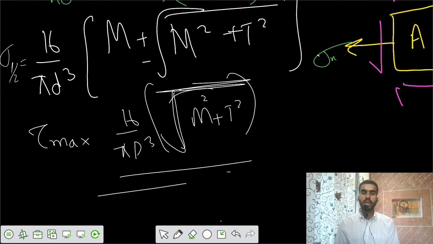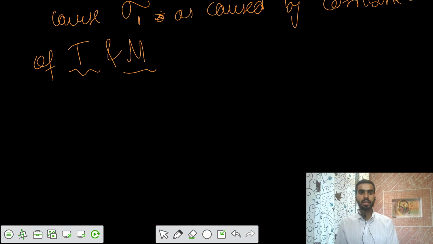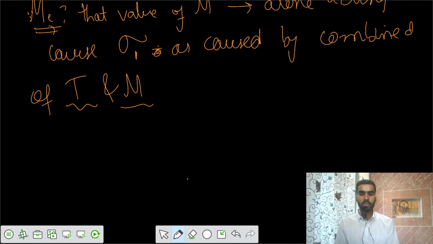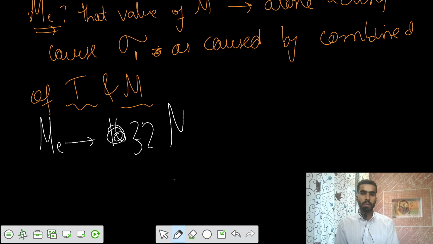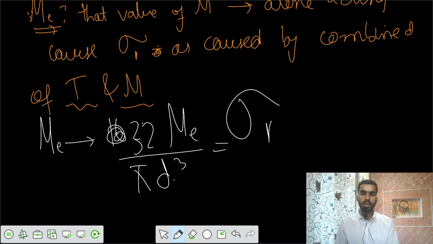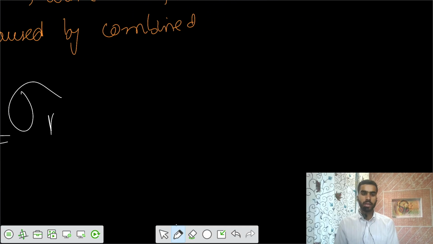If I apply only that value of bending moment alone, it would cause the same amount of principal stress sigma 1. So that's your equivalent bending moment. If there's some value ME, it would cause a bending stress of 32 ME by pi d cube, and that also equals sigma 1, caused by the combined effect.